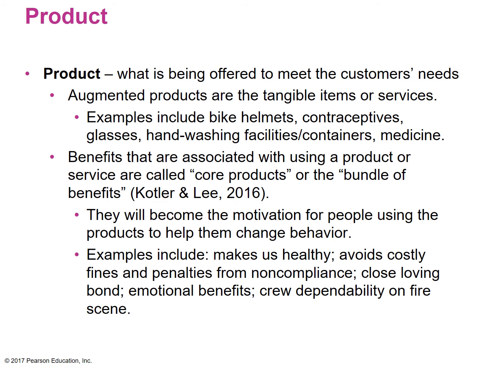So the product, again, this is going to be your program in most cases. In some cases, you're going to have augmented products. Augmented products are your tangible products. Tangible simply means that a person can hold it, they can touch it, it exists in a physical space. Fitbit was the example I used.